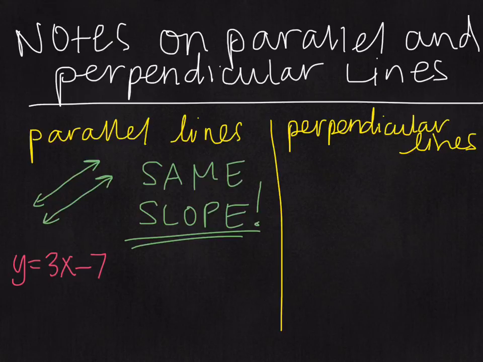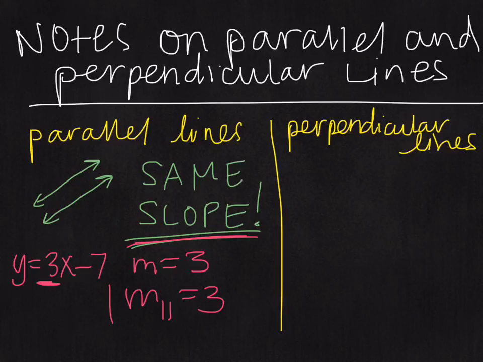Well, the first thing I want to know is what is the slope of the original problem. Okay, remember slope is your m, which is 3. So then the slope of a line parallel to this, since we know parallel lines have the same slope, is also going to be 3.